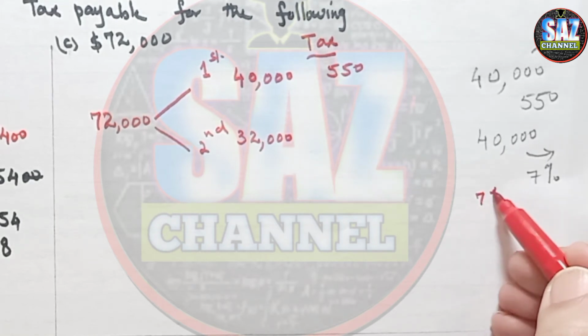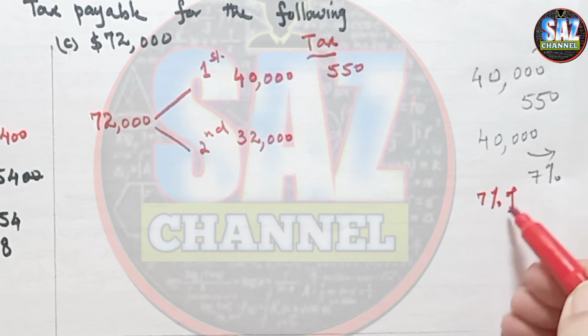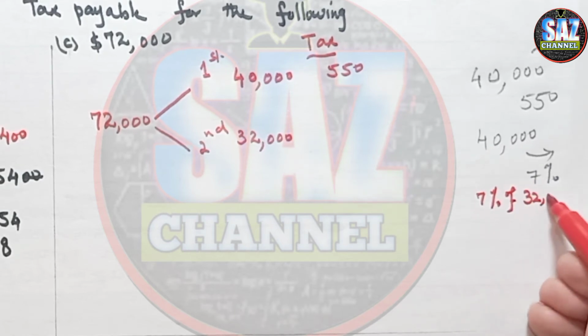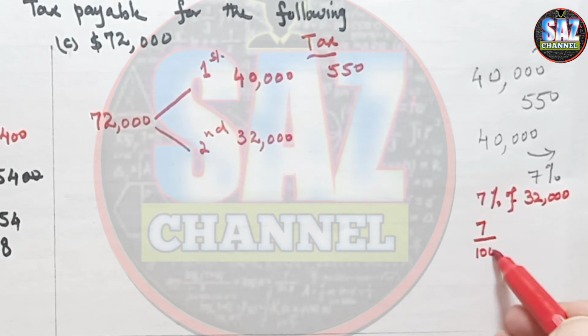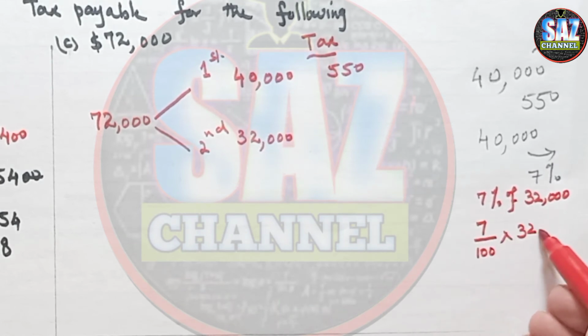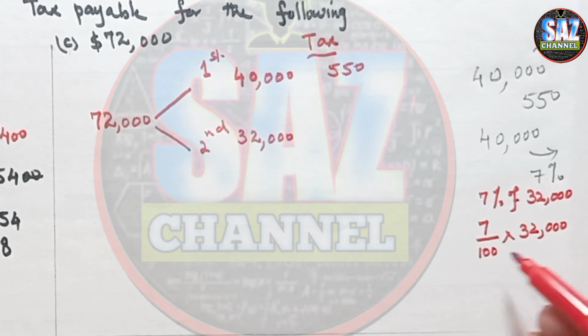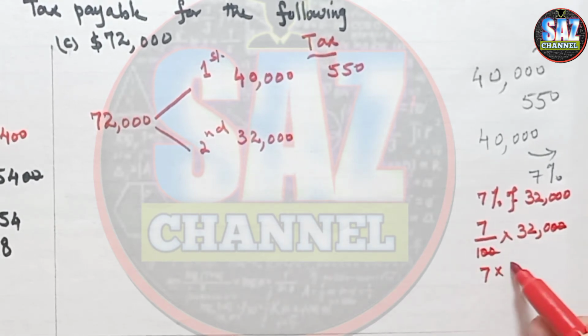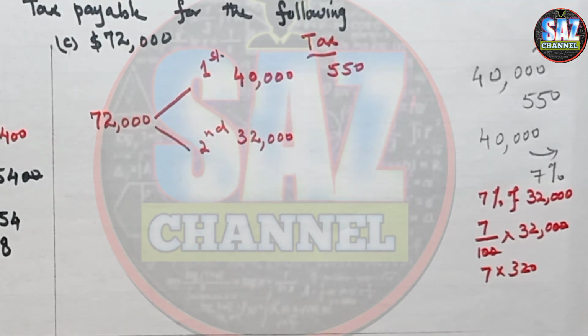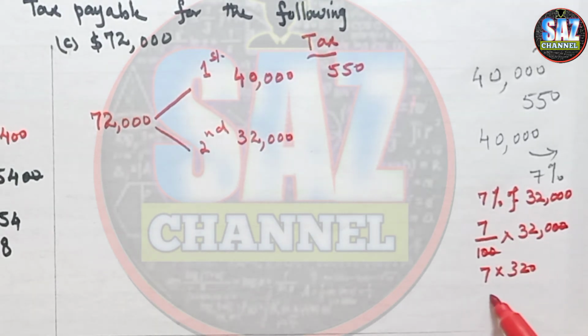So I have to calculate 7% of 32,000, and it will give me 7 over 100 multiplied by 32,000. These two zeros can go with these two zeros, and I will be left with 7 multiplied by 320. So 7 multiplied by 320 will give me 2,240.